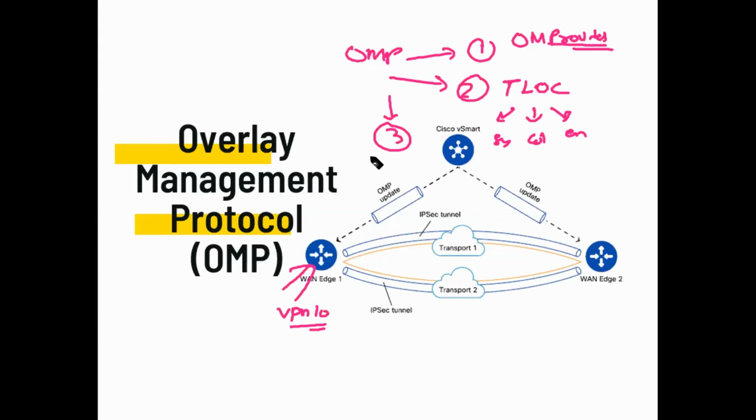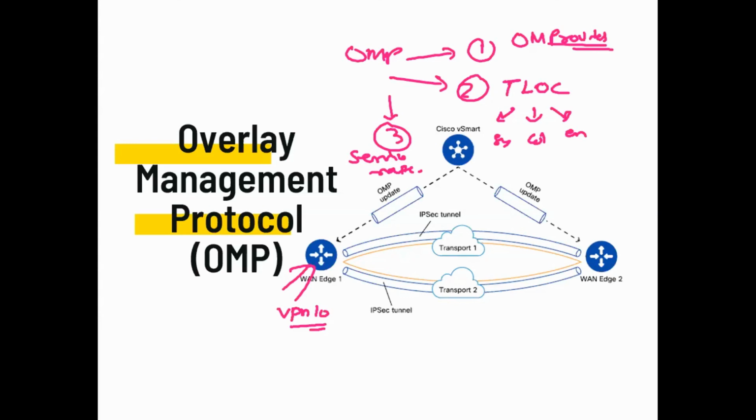And the third route which OMP carries is known as the service route. Service route means, as you were asking, Munir, that if we have IPS, a firewall, a load balancer or something like that, then those routes will be advertised into OMP in the form of something known as service routes.